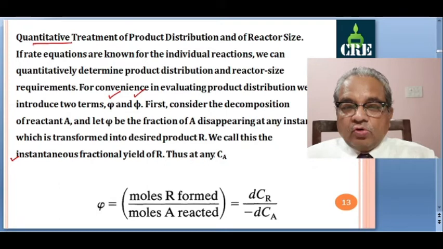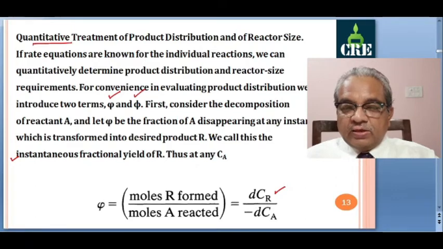So for any Ca, this will be phi equals moles of R formed divided by moles of A reacted. Moles of R formed is given by dCr by dt, and moles of A reacted by dCa by dt. The dt cancels out, and reacted means a minus sign.